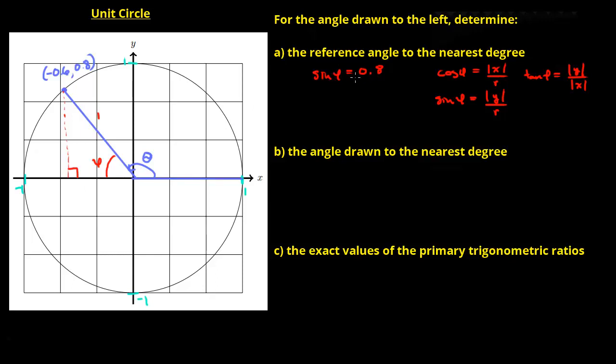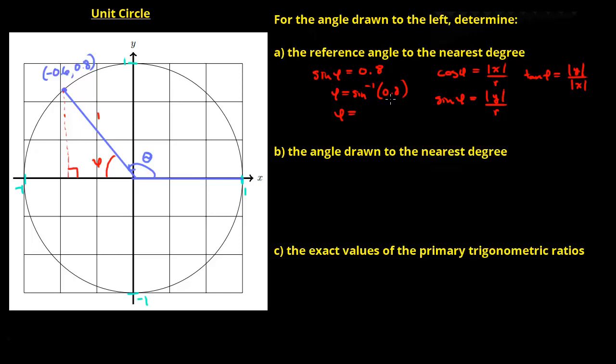So the sine of phi is equal to 0.8 over the radius, which is just 1. Since we're only looking for the reference angle to the nearest degree, I can figure out what phi is by taking the arc sine, or the inverse sine, of both sides of this equation. So phi is equal to the inverse sine of 0.8.